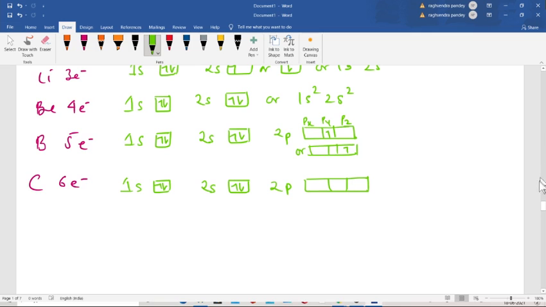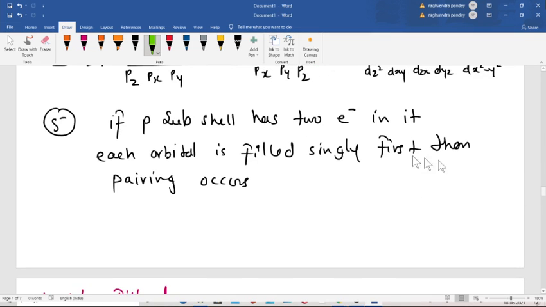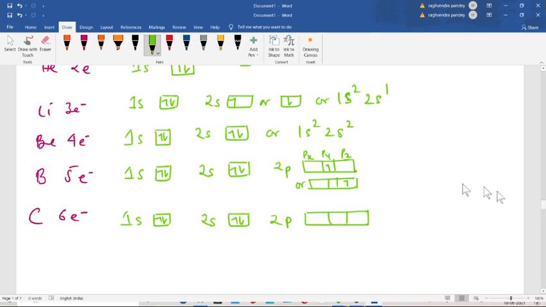Now here, when p has 2 electrons or more, each orbital is filled singly first and then pairing occurs. What does this mean? Here in carbon you can see this rule. First we fill one orbital singly, then another orbital singly. So 2 orbitals are filled singly. Spin can be anything, it is not that important because they are not paired. Only when they are paired should it be opposite.